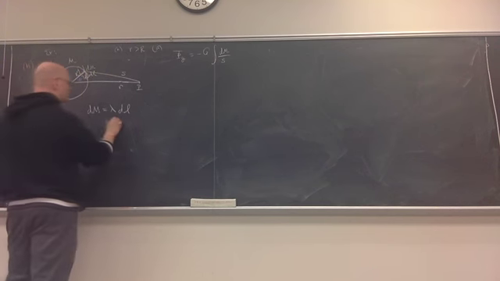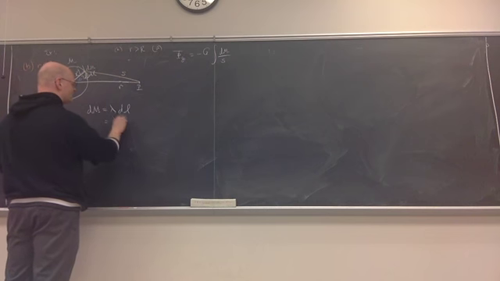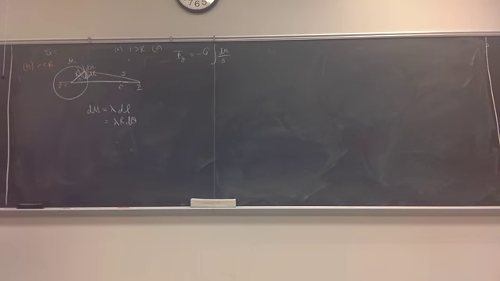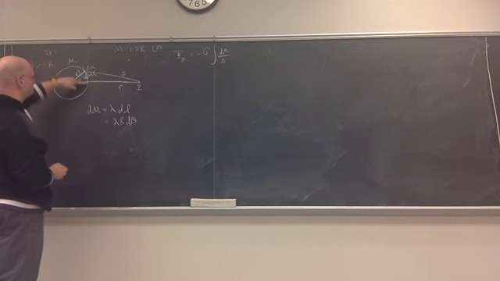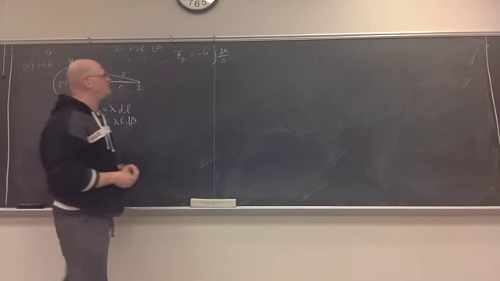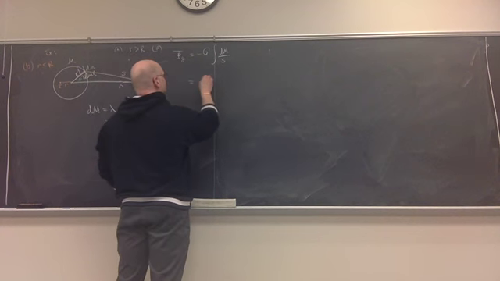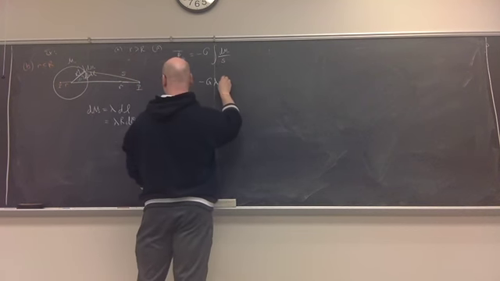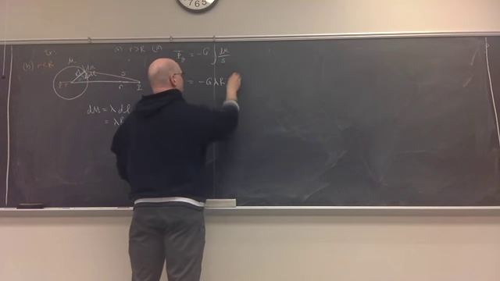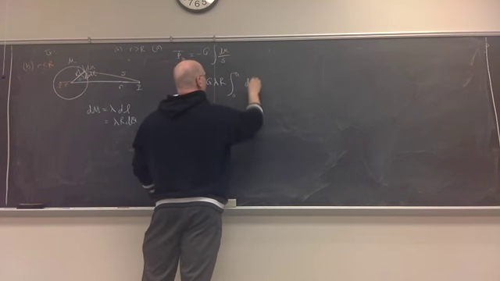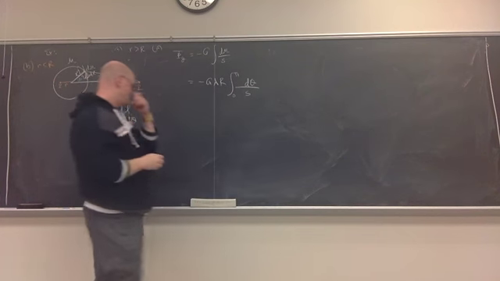So I'm going to use arc length and rewrite this as lambda r times d theta. We're going to integrate over theta, from this position over to this position, so from 0 to pi. I'm going to rewrite this as minus G lambda times r, because r is a constant, integral from 0 to pi of d theta divided by s.